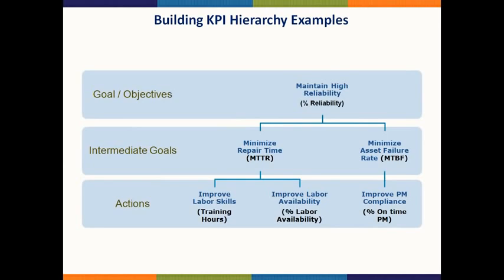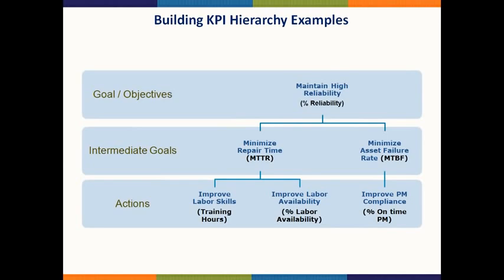And then for those, you may have some actions, how you want to improve some of the other factors that impact the MTTR. In this example, the skills of the employees and availability of employees will have a direct impact on the MTTR.